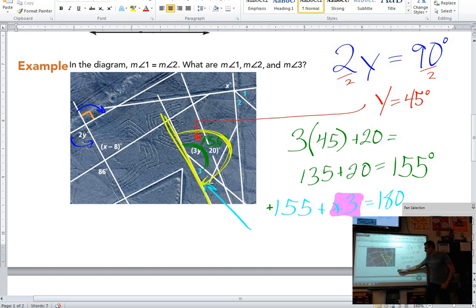So on both sides, we're going to subtract 155. And we could think about that up on the image as saying, take away that angle. Forget about it. And when we do that, we find out that angle 3 is 25 degrees.